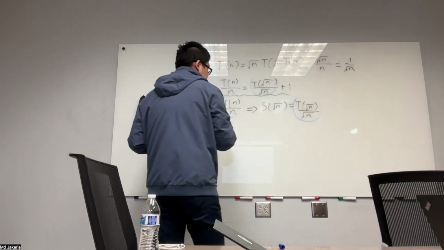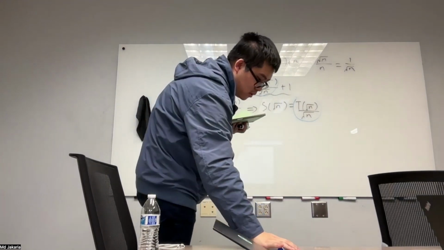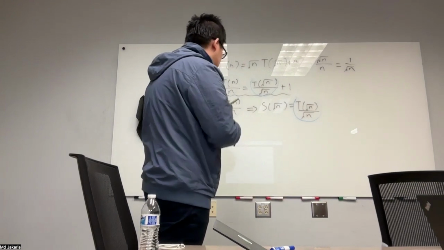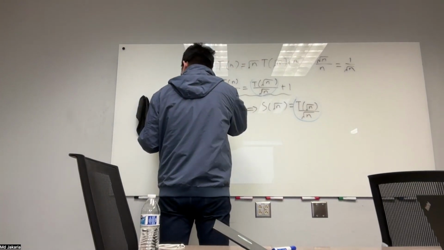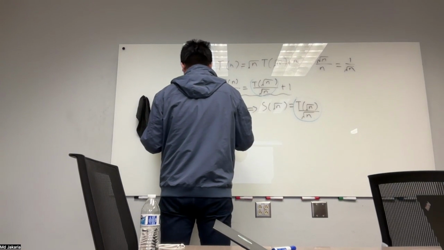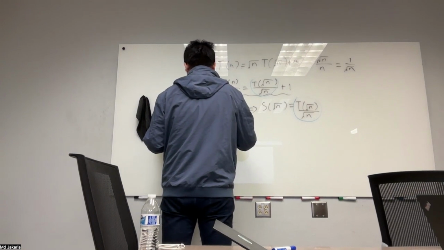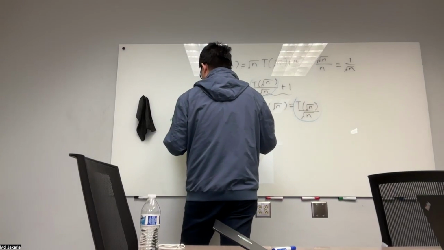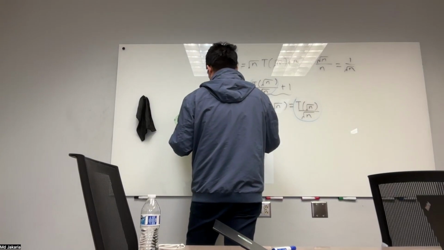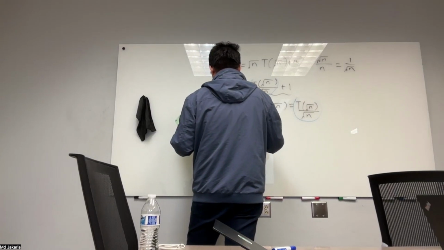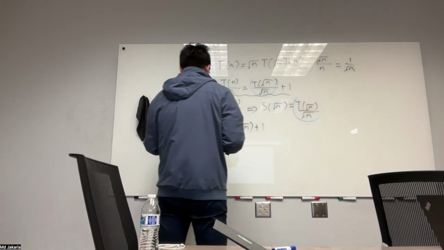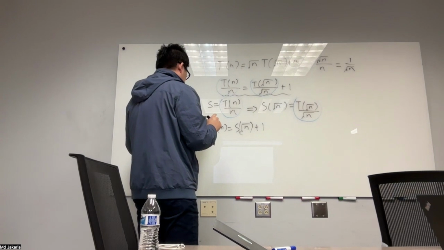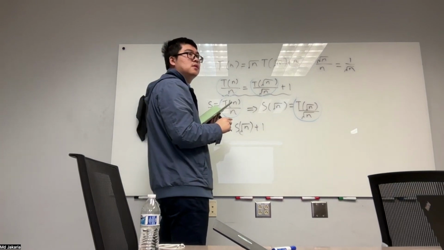So what that gives us is a recurrence relation in terms of S, which is S of n equals S of square root of n plus 1. Okay, up to now, are we good?